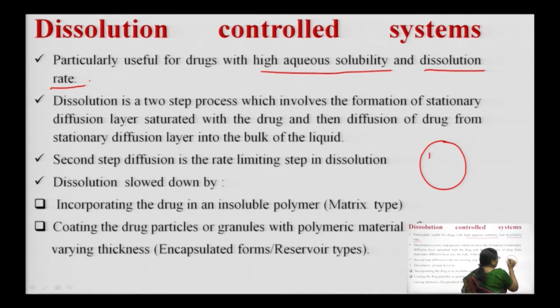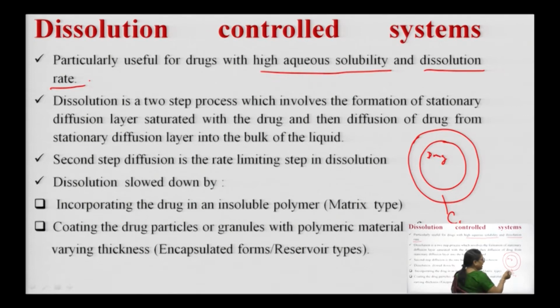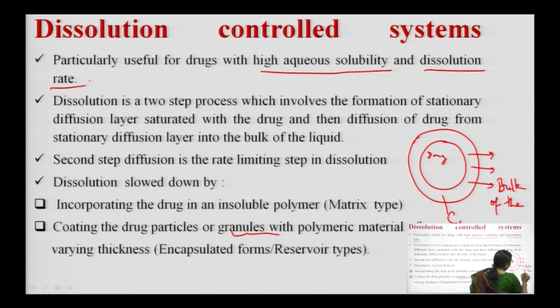Supposing if this is the dissolving drug particle, initially there will be a formation of a stationary diffusion layer around the dissolving drug particles such that this stationary diffusion layer is saturated with the drug, and then there will be diffusion of drug from this stationary diffusion layer into the bulk of the liquid, such that the bulk of the liquid has a concentration which is much lesser than the concentration of the drug in the stationary diffusion layer around the drug particles.